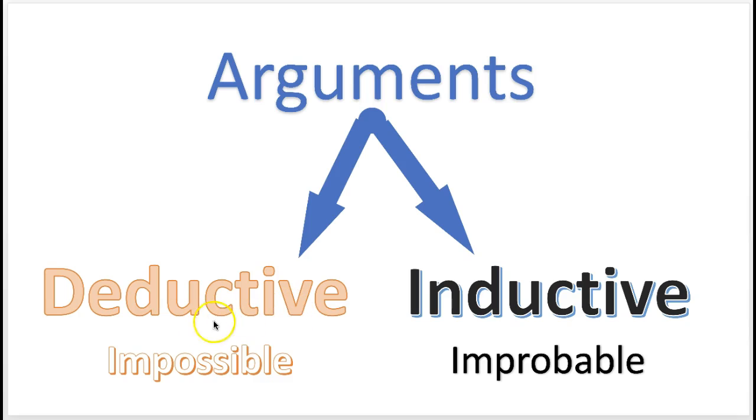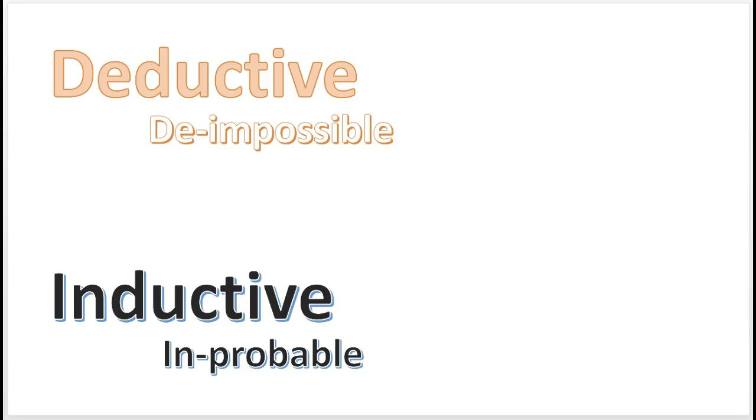Okay, so deductive, the point that the person is trying to prove, the point necessarily follows. Now, on an inductive argument, the point that the person is trying to prove, which would be the conclusion, it probably follows.